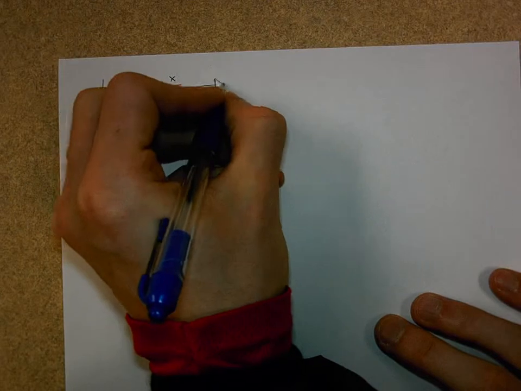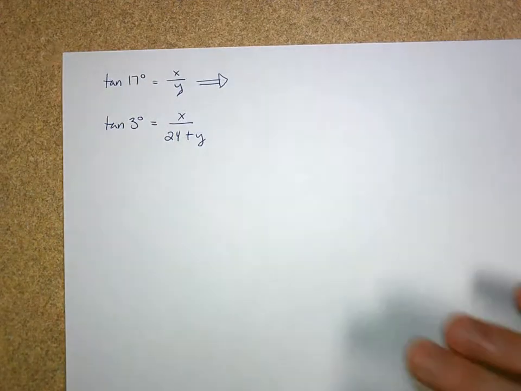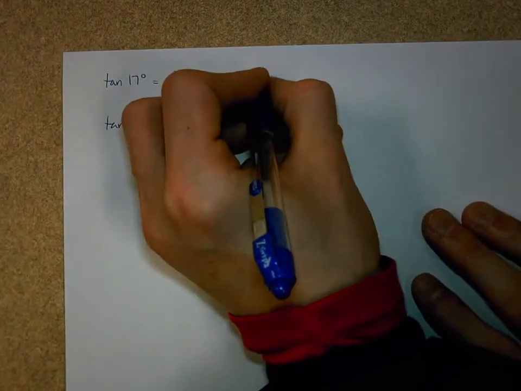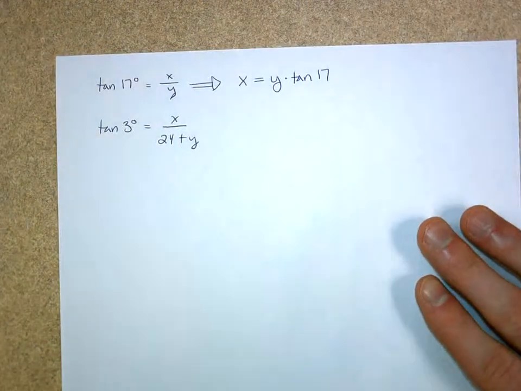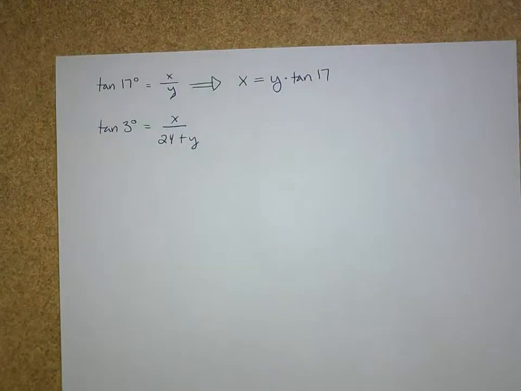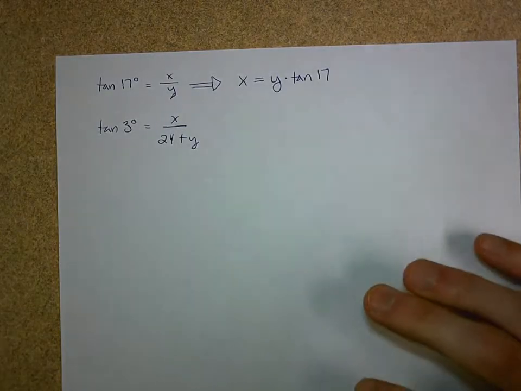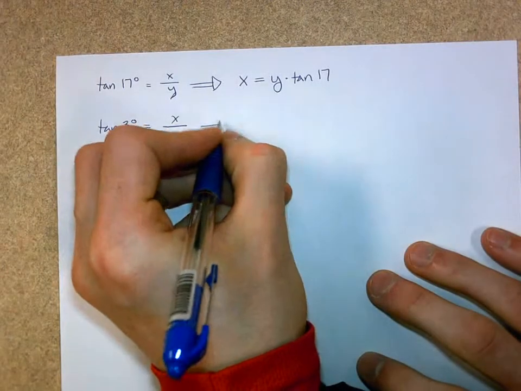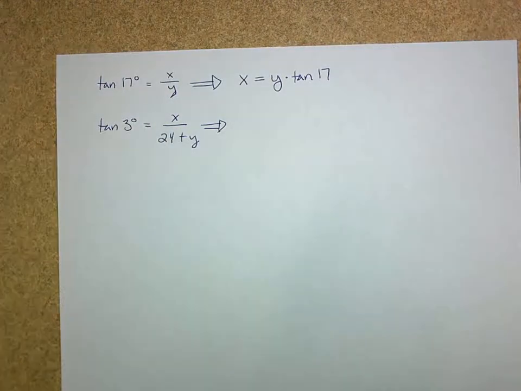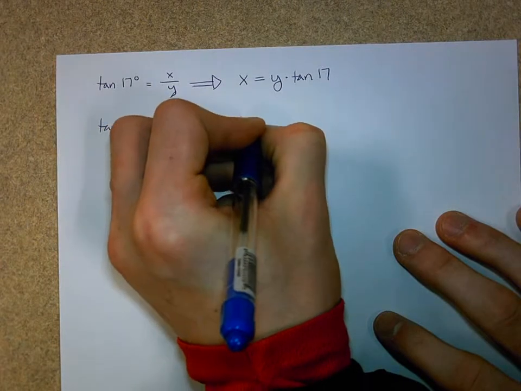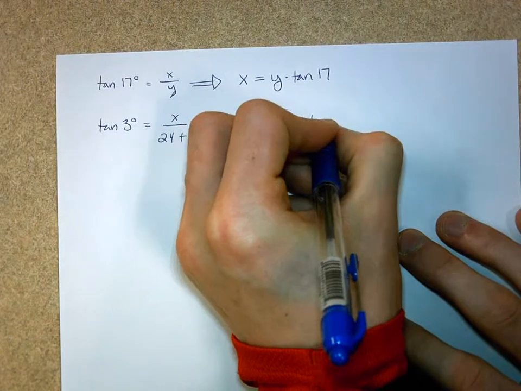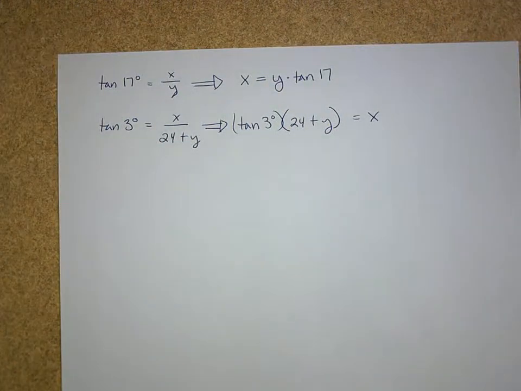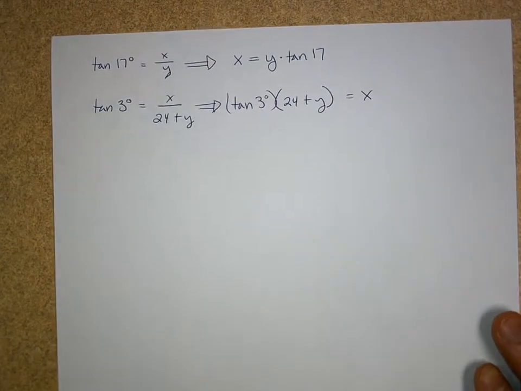This first one, tangent of 17 degrees, if I multiply both sides by y, I get x is equal to y times the tangent of 17. Looks pretty good. If I simplify this one down, I can make this the tangent of 3 degrees times 24 plus y. And now both of those are equal to x.